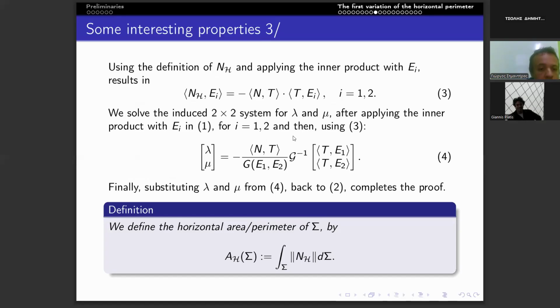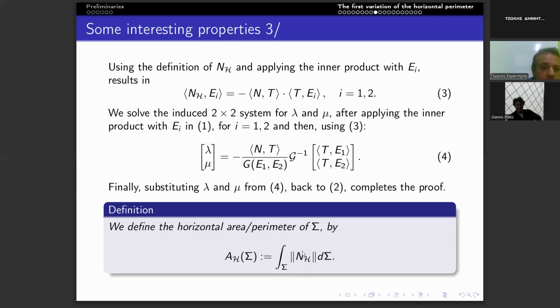And now we can go to the definition of the horizontal perimeter of sigma, calling it AH of sigma. It is practically the integral of the norm of the projection of the normal unit vector to the horizontal directions.